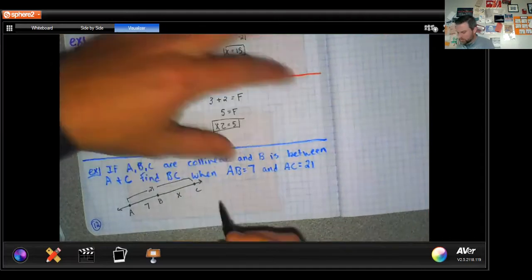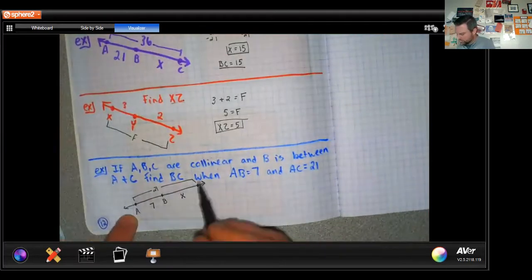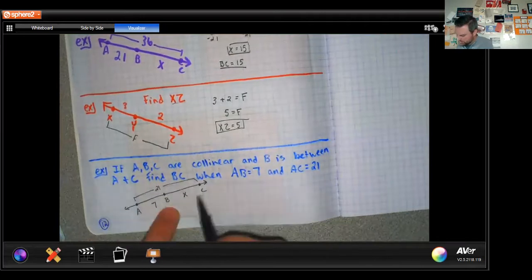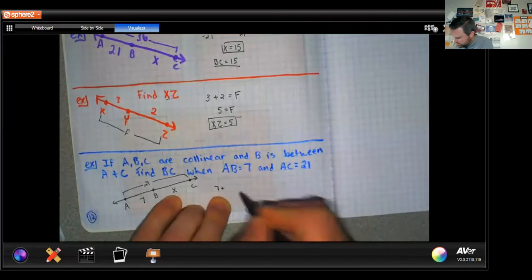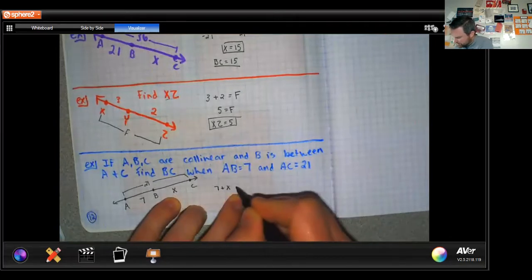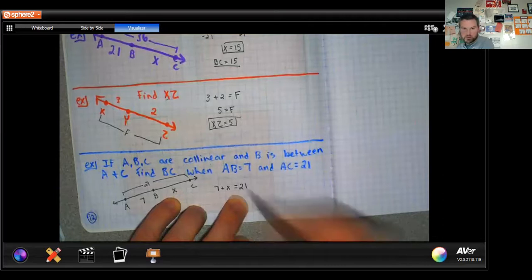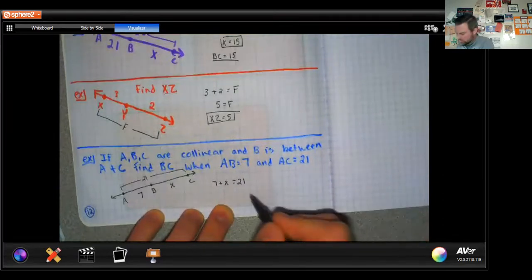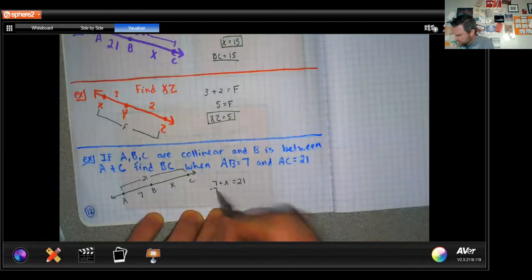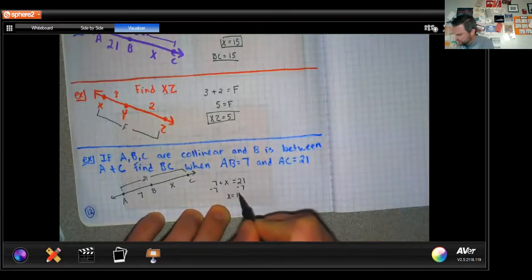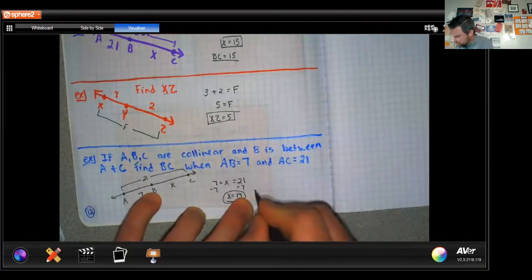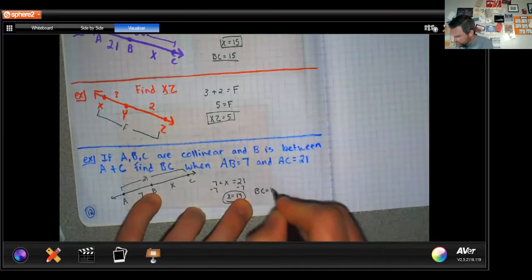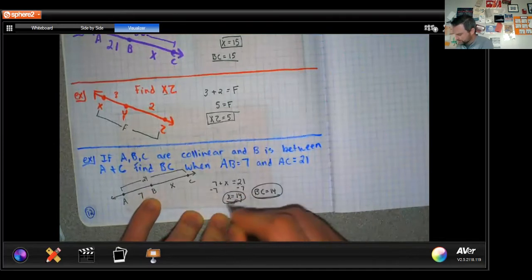Okay. So I got my picture. So AC is 21, AB is 7, and BC I don't know. So I'm going to take a little part, which is 7, plus the other little part, which is X, and that equals 21. Okay, so 7 plus some number is 21. We can subtract 7, and X is 14. Whoops, which is BC. So we actually want to write BC equals 14. That one, not this one.